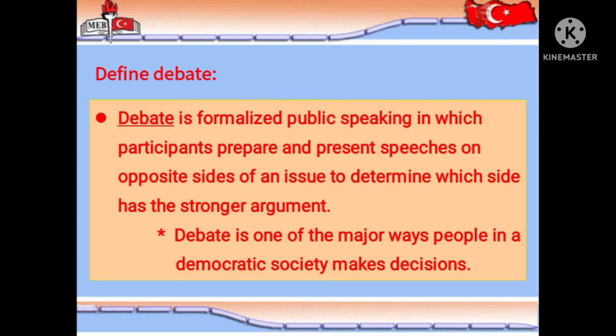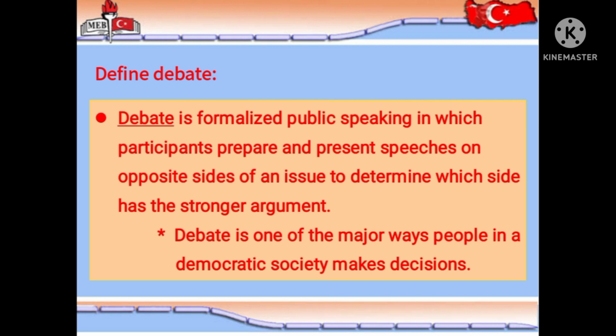Debate is one of the major ways people in a democratic society make decisions. So, a debate is a discussion or structured contest about an issue or a resolution. A formal debate involves two sides, one supporting a resolution and one opposing it.